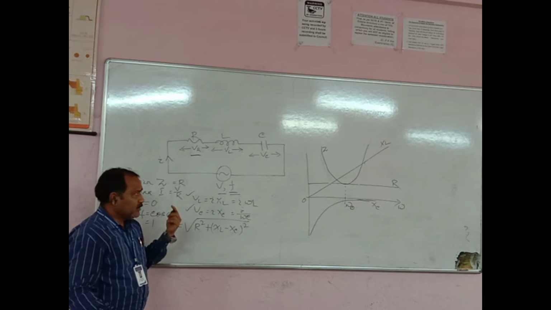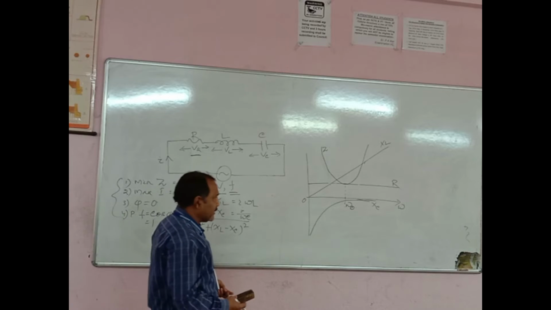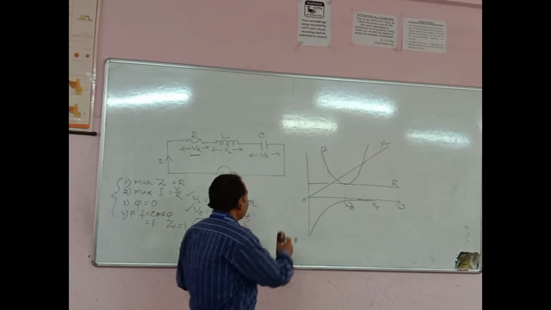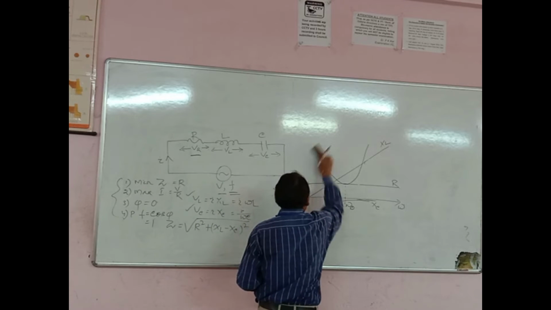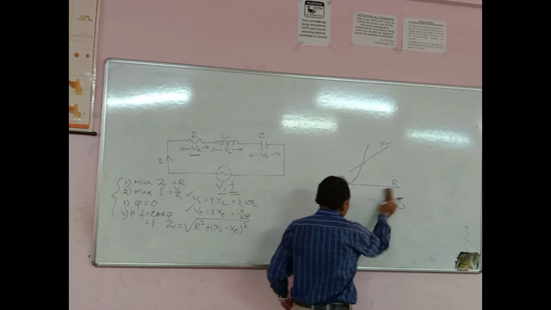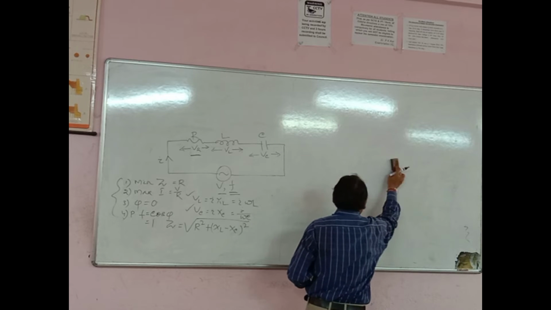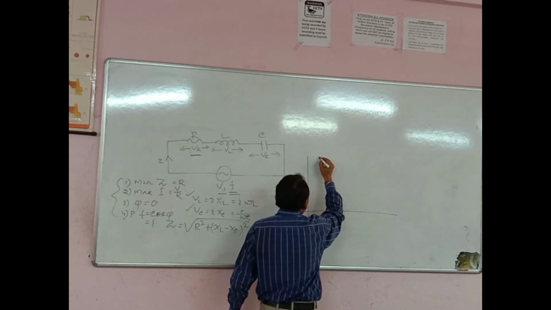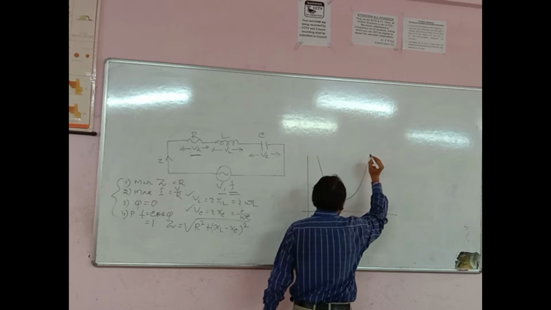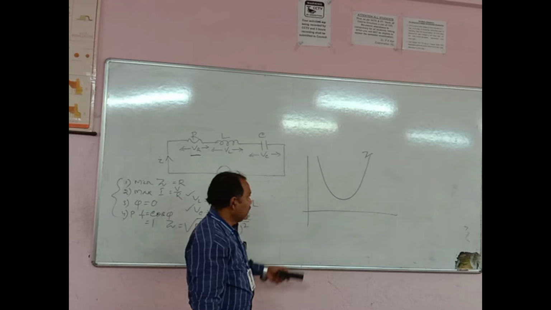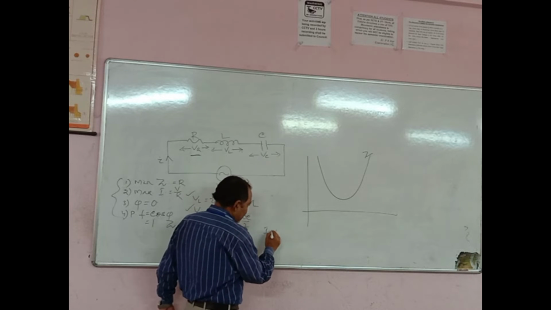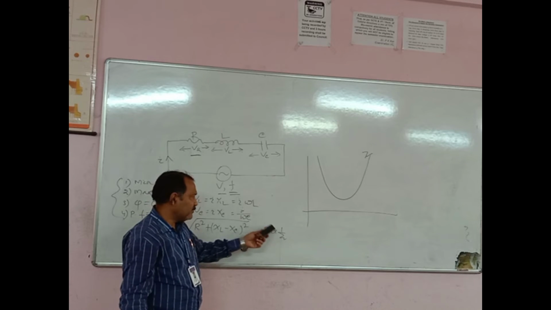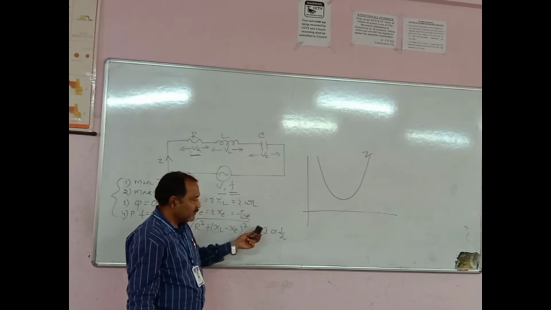Now, whenever Z becomes minimum, what happens to the current? If you draw a graph of Z and I, the graph for Z, you know that current is inversely proportional to Z, meaning current is equal to V by Z. So when Z is minimum, current will be maximum, and when Z is maximum, current will be minimum.